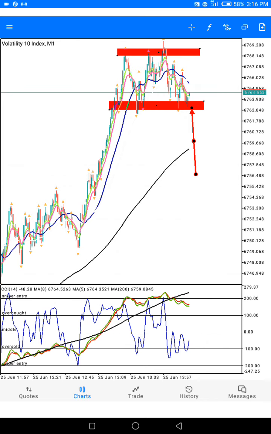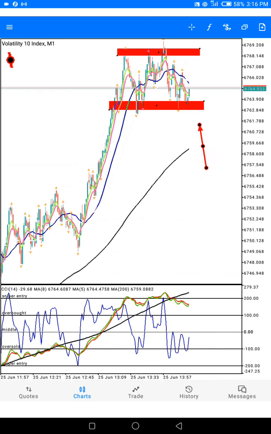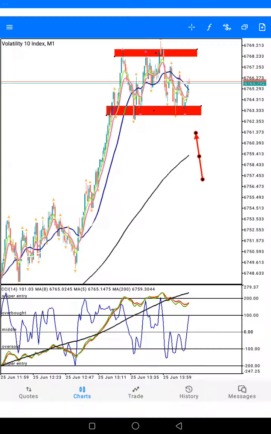Yeah, as you can see, market just retested and it's still pushing back. It's doing a little pushback. No current direction, but my instinct tells me the market is going to go downward. Let's observe and see how this ends.